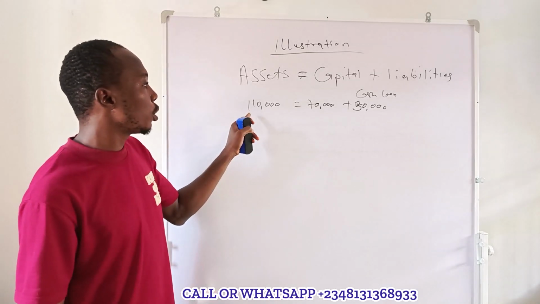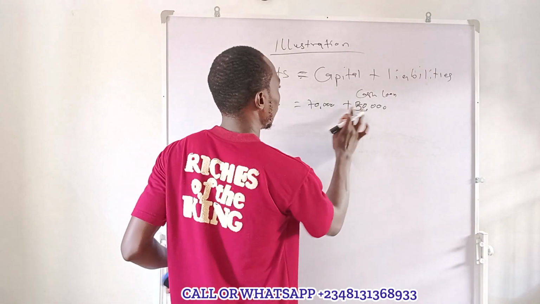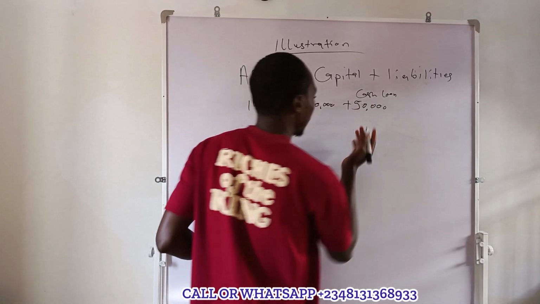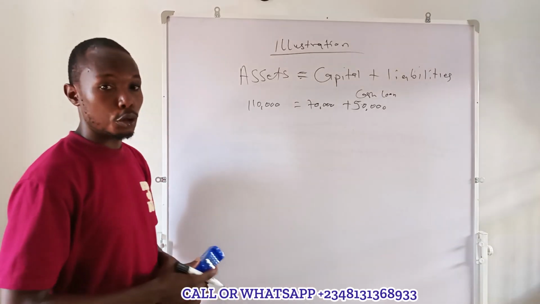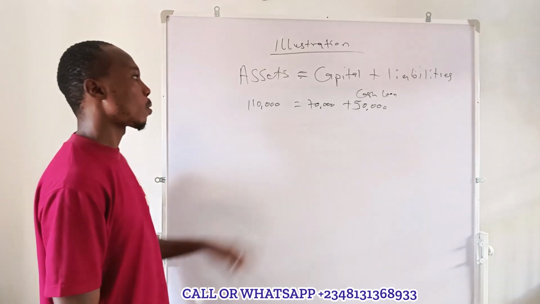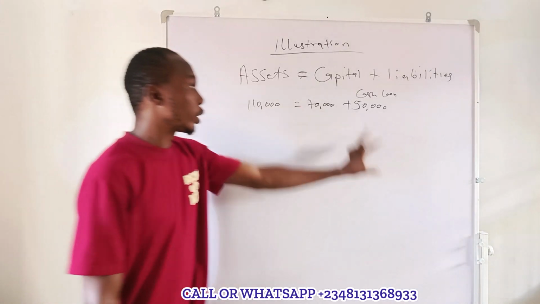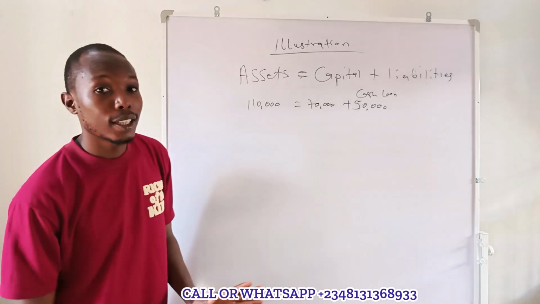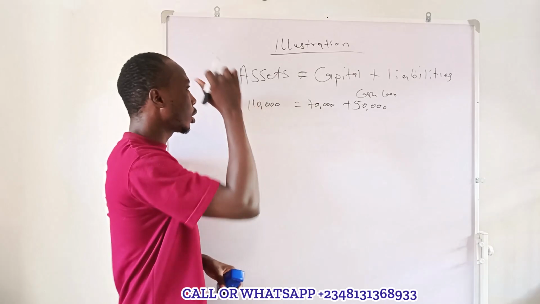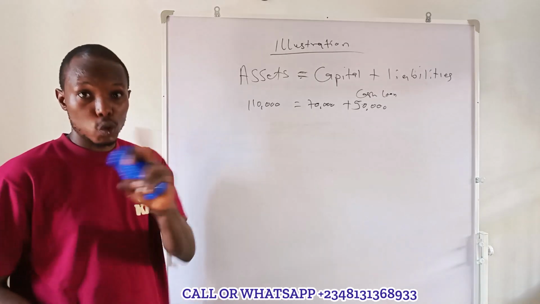Now, the possible instance, let's look at it this way: 70,000 and 50,000, that is 120,000, correct? Now I have 70,000 as my capital, and 50,000 as my cash loan. Altogether, we're supposed to have 120,000 in the bank.